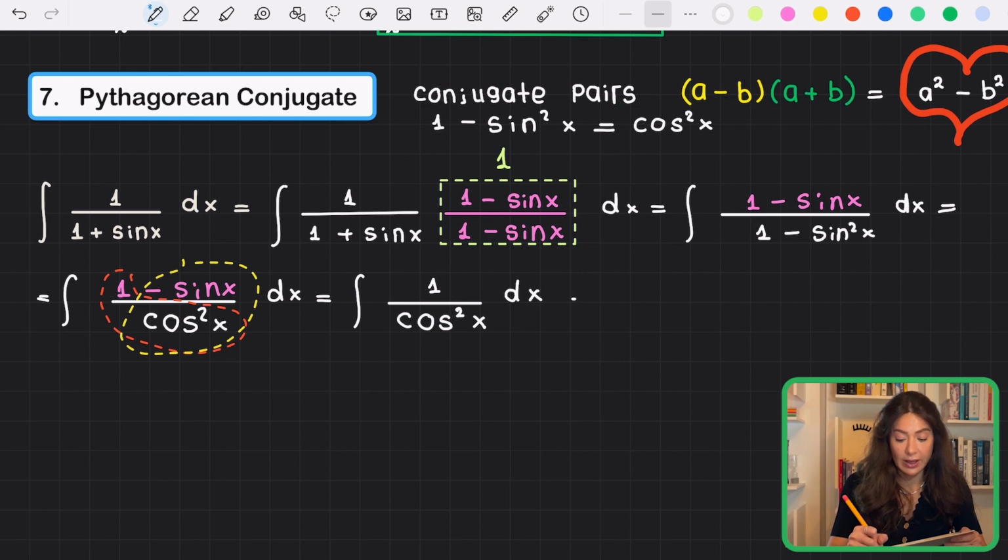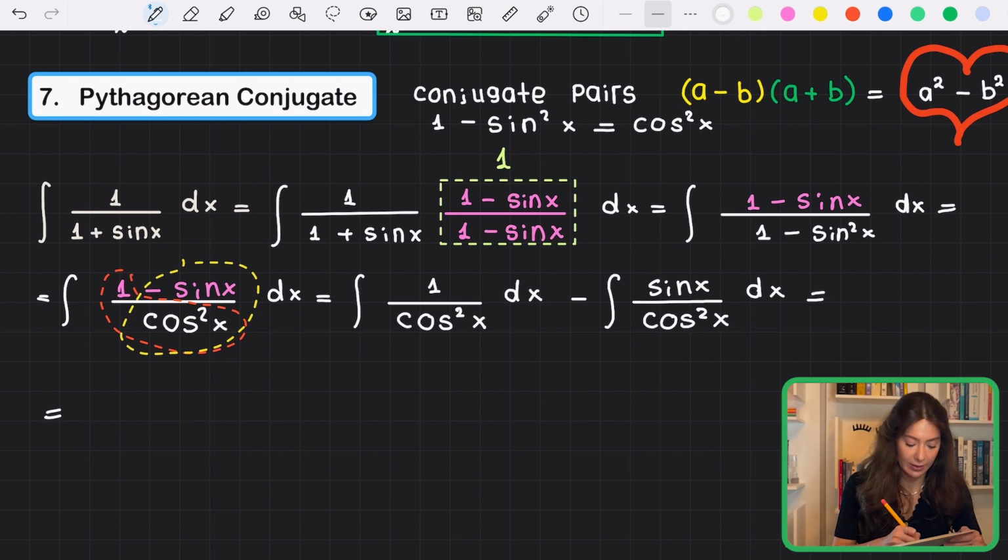That's secant, right? And what is 1 over cosine squared? It's secant squared, right? And what is the integral of secant squared? What is the derivative of tangent? Secant squared x.